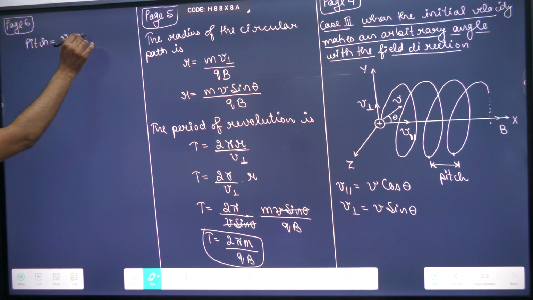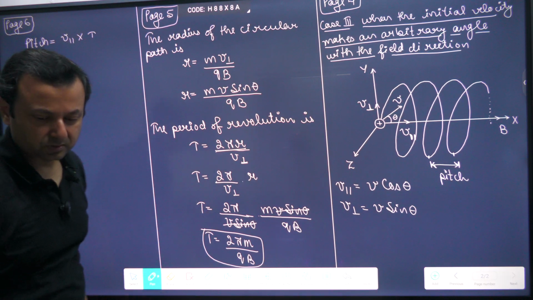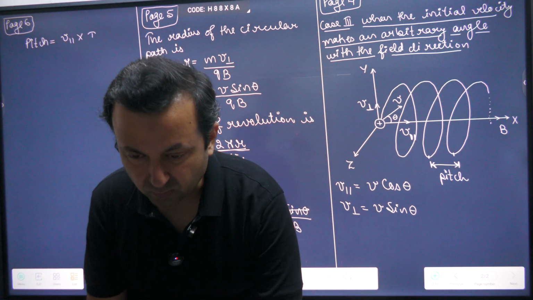So pitch will be equal to V parallel into T. Speed into time is equal to distance, the horizontal distance covered. What is V parallel?